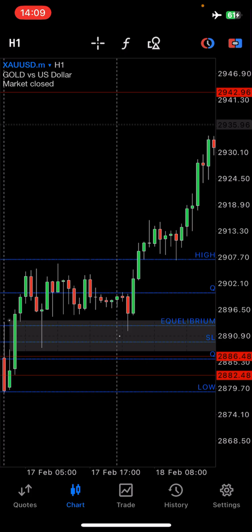See that gray area, you could have bought right there and waited for the market to go higher. Why would you buy there? Because you believe that the market is going to go way up using the weekly direction.